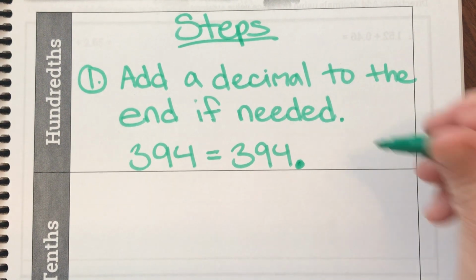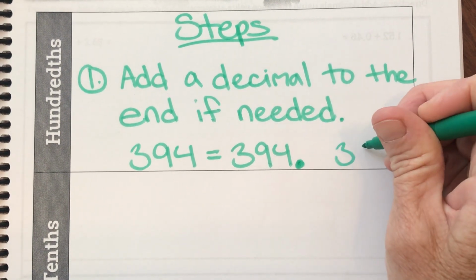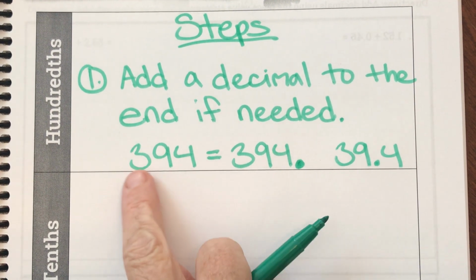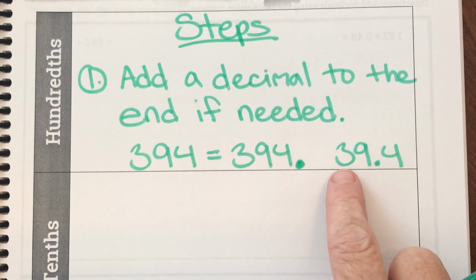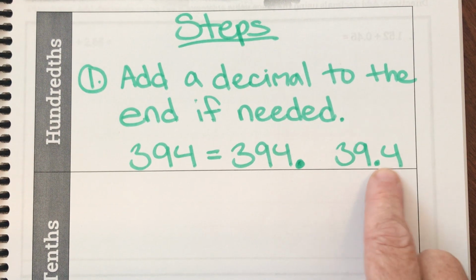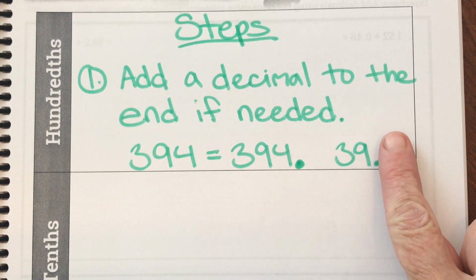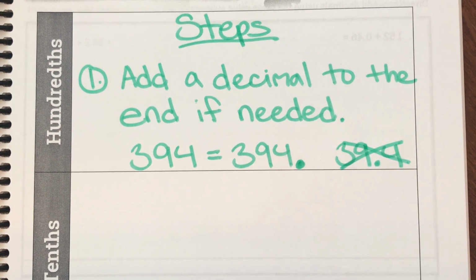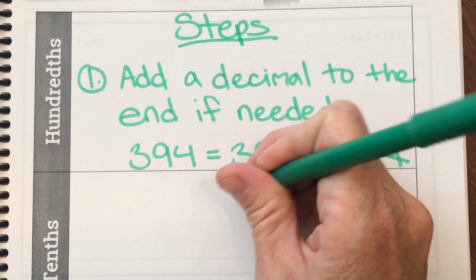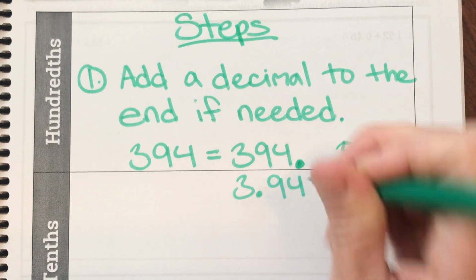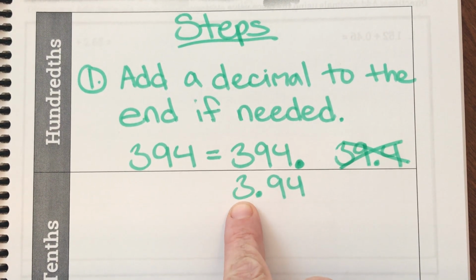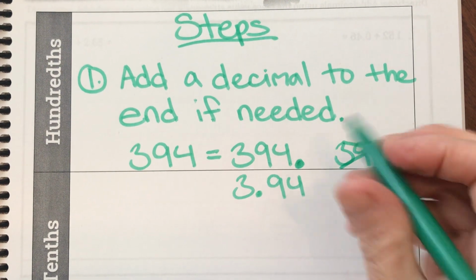If you had instead added the decimal in the middle, look what you changed the value to. You used to have 394, now you have 39 wholes and 4/10. Think about if that was money, how different that is. What if you put it behind the 3 instead? Is 394 the same as 3 wholes and 94 hundredths?